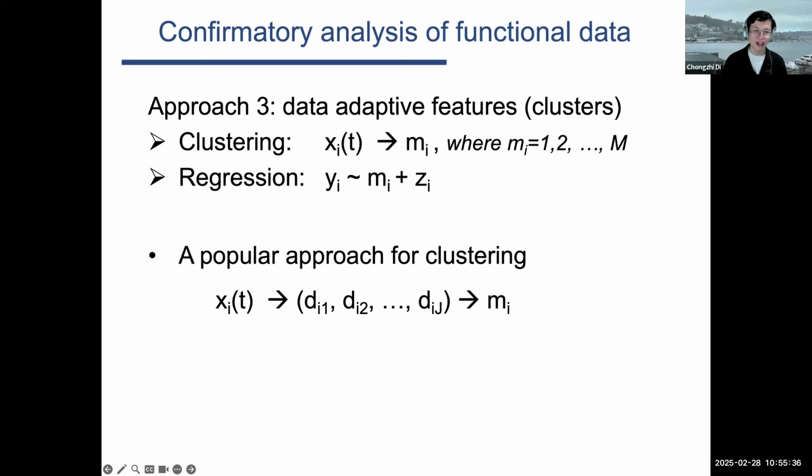There are also other methods where you don't have to do PCA as an intermediate step. You can use something like mixture models directly to get clustering. But regardless of which method you are using, the general principle is to try to group the trajectories into a few different types, and then use them in further analysis.